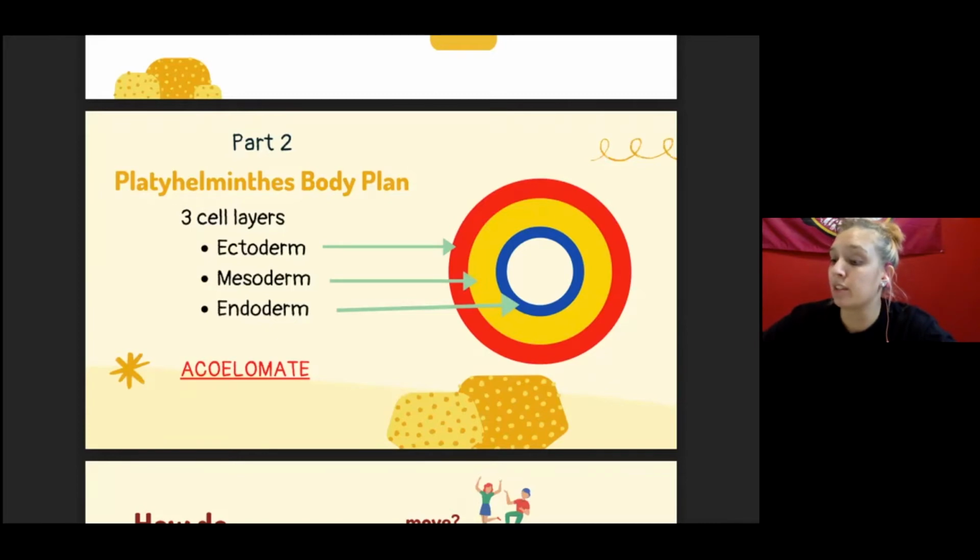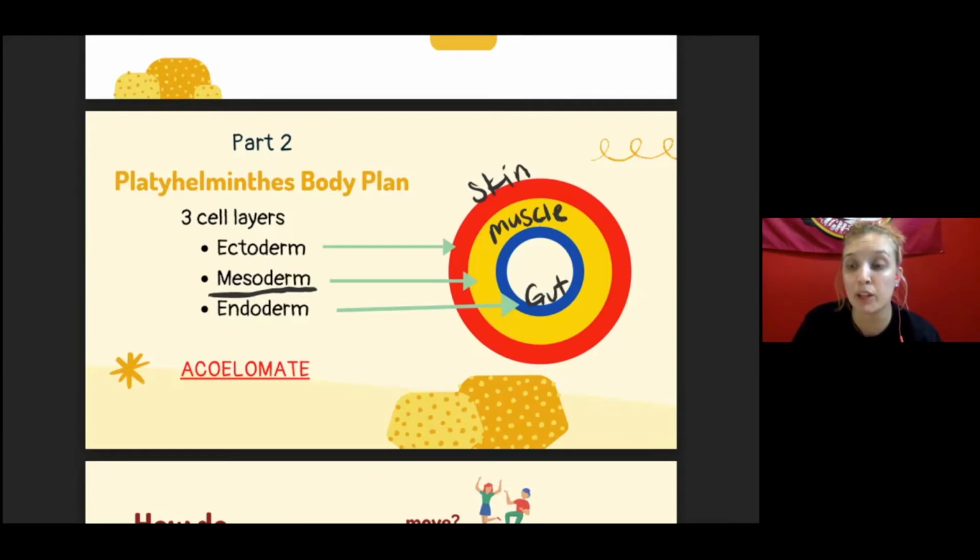The ectoderm, we learned, was the skin in cnidarians, and the endoderm was the gut. And that will not change. It will still always be the skin and the gut. Now we've added this 3rd cell layer called the mesoderm, and the mesoderm is going to be the muscle layer. So that creates all of the muscles that are within our bodies.